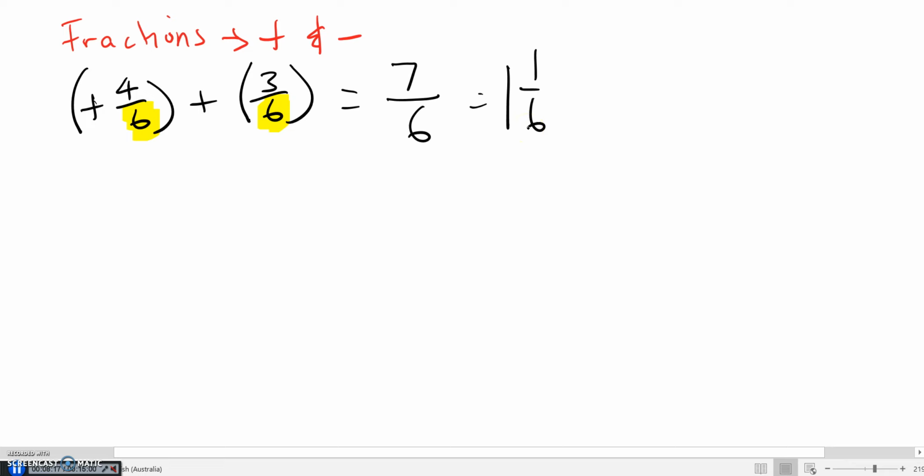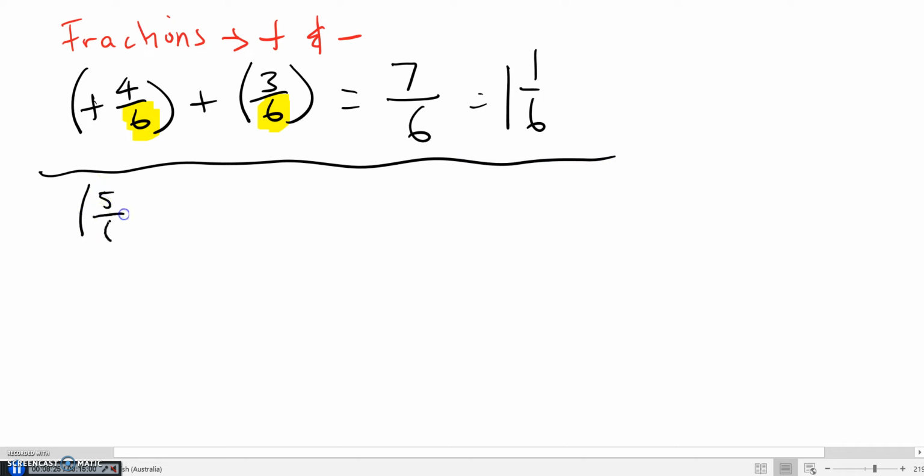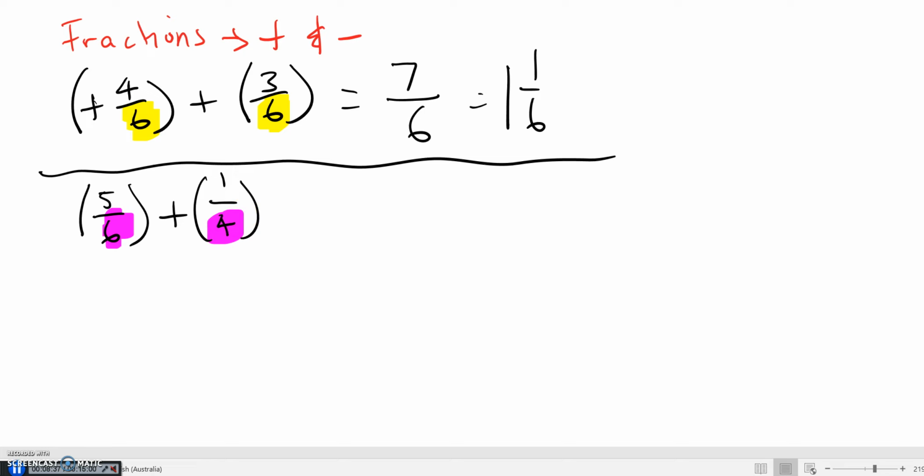Okay, if they are not the same denominators, so if we had 5 over 6, and we're asked to add 1/4, we can obviously see that 6 and 4 are different there. So we do need to make sure that we are finding the lowest common multiple for those.